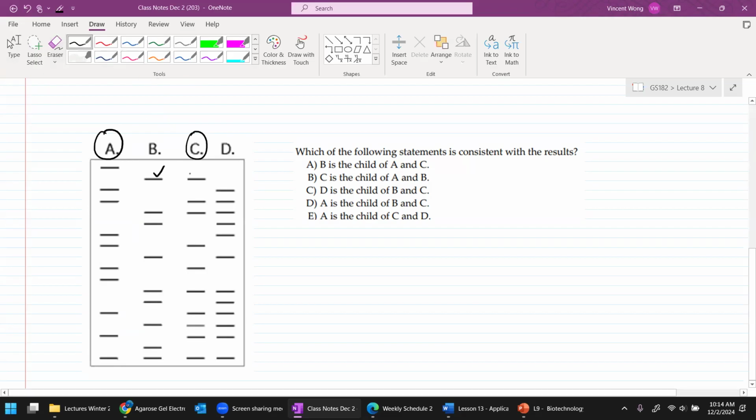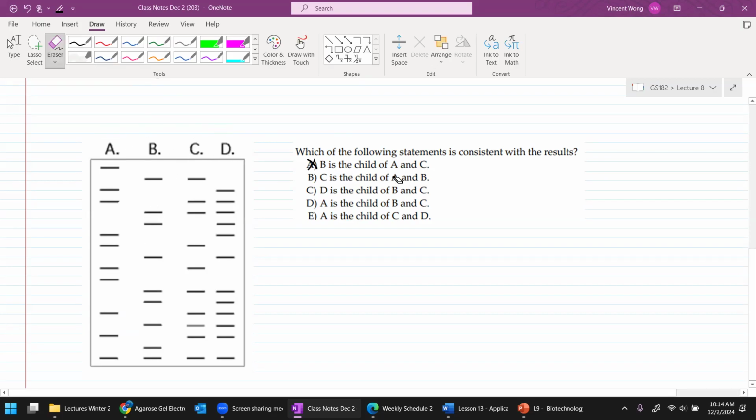This one is okay. It came from C. Okay. This one is okay. It came from C. This one, not okay. A doesn't have it. C doesn't have it. Where did B get it from? No one. That means A and C are not the parents of B. Do you understand? Okay, so this is no.